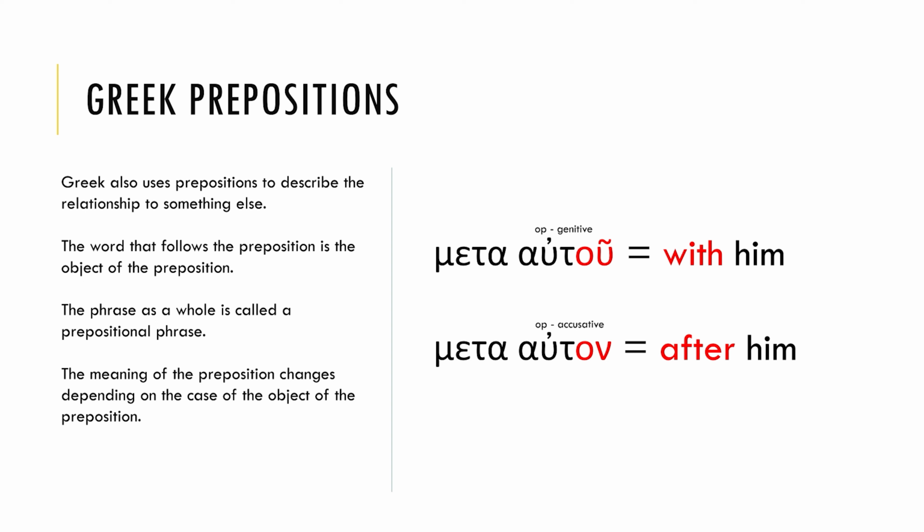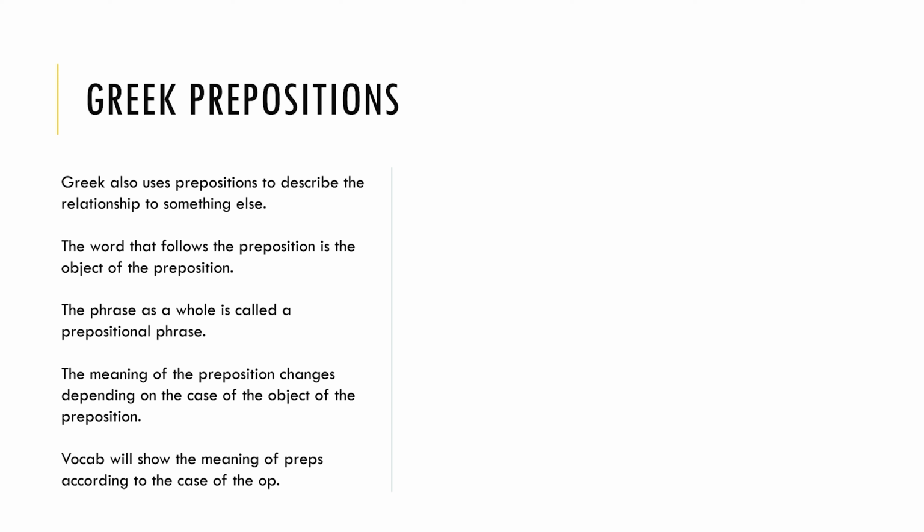Before, I just wanted to show you the basics here, that you have a preposition, and if you attach it to a word, the case ending matters, because that's what tells you the meaning of the preposition. So when you're looking at your vocabulary, your vocab and your word list will tell you the meaning of the prepositions according to the case.